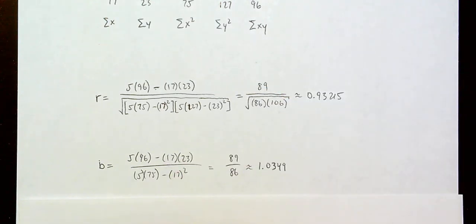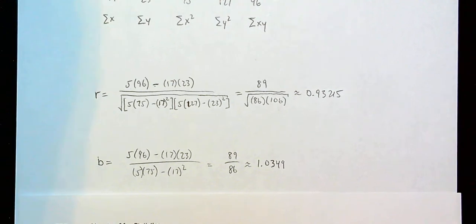Do these calculations, again, using order of operations. On the top, you get 89. On the bottom, you get 86. Converted to a decimal, you get approximately 1.0349. Based on how many places you round to, if you rounded to 3, you get 1.035, but basically somewhere close to 1.03, and you're good.